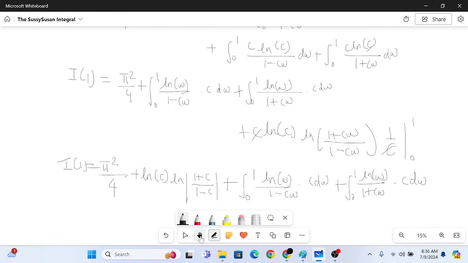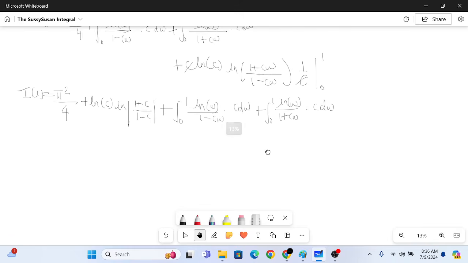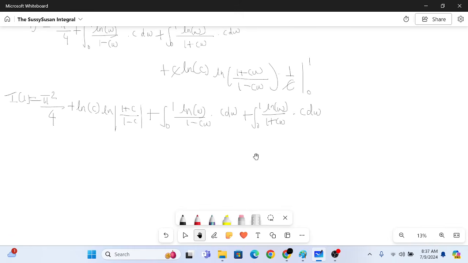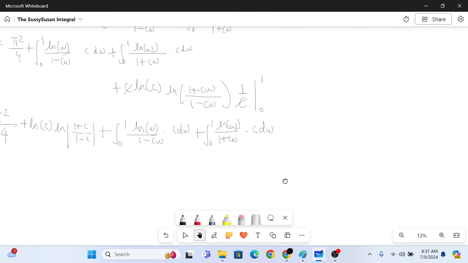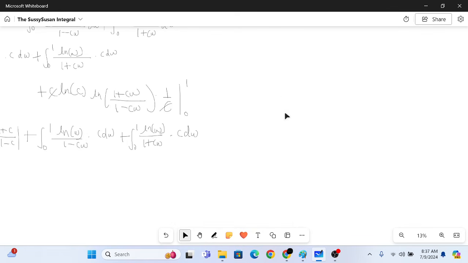Okay, now to solve this integral, you have to notice another standard integral. Let me write with the red pen now. Let's say you have an integral from 0 to 1 of ln of t by 1 minus a t dt.